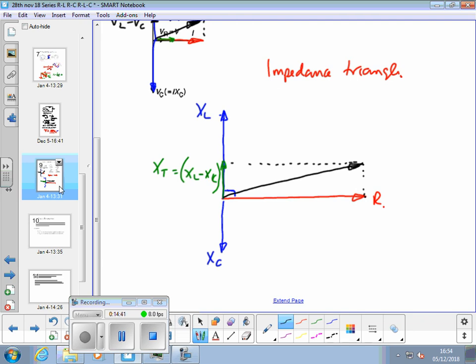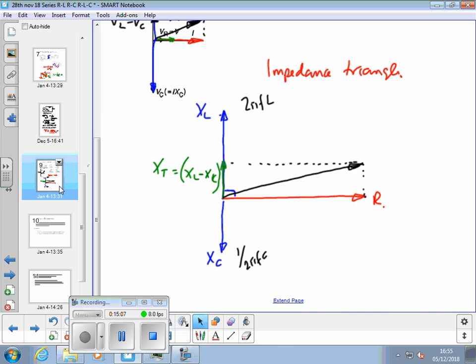And the principle to be remembered is that all of that is dependent on frequency. Because this bit is 2 times pi FL, and this is 1 over 2 pi FC. So if you increase frequency, that line's going to get longer, and the XC line's going to get shorter.